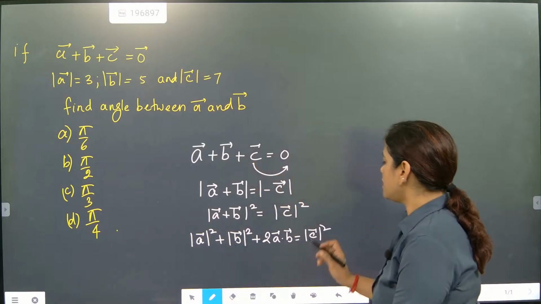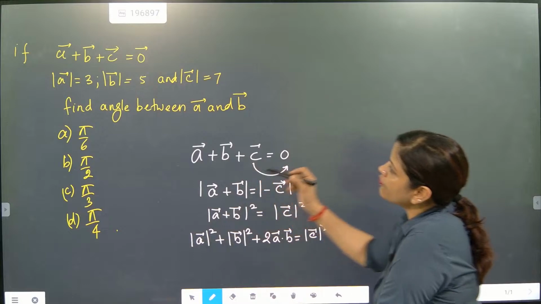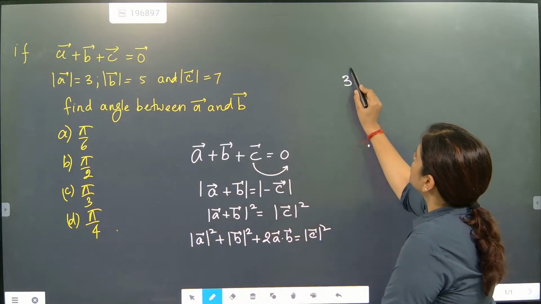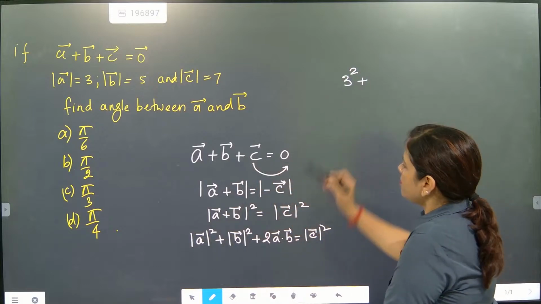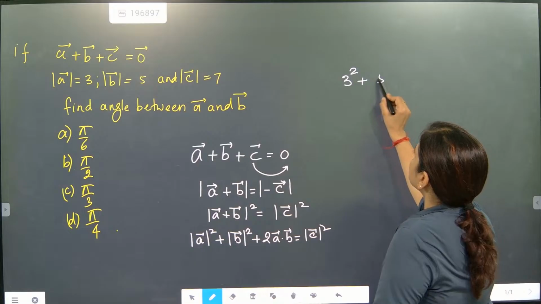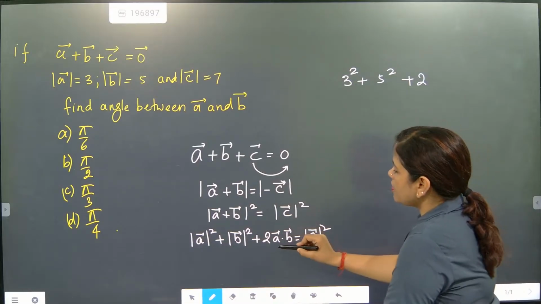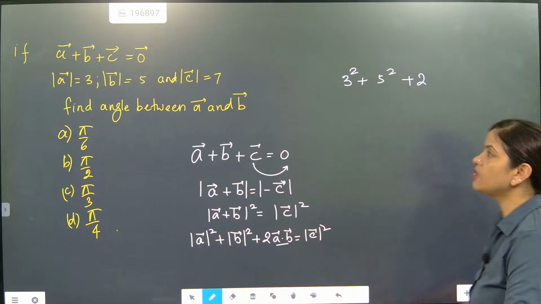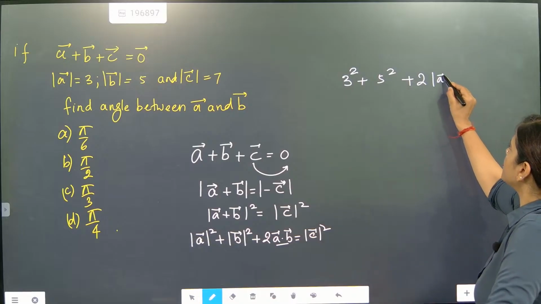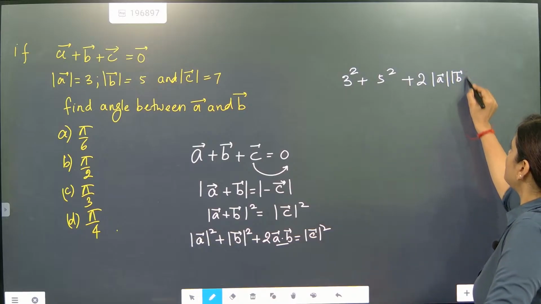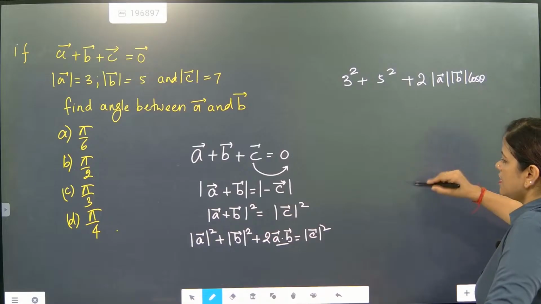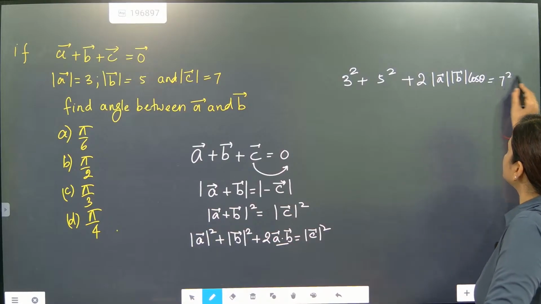So after writing this, you know the magnitude of A vector value is given as 3, so 3 square, plus magnitude of B vector value is 5, so 5 square, plus 2 A vector dot B vector. What is the formula of A vector dot B vector? Magnitude of A, magnitude of B, cos theta. And C vector is 7, so 7 square.